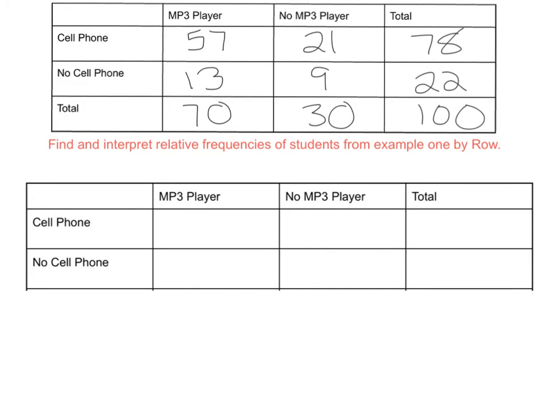All right, so now we're going to find and interpret relative frequencies of students from example 1 by row. So we're looking at how often something occurs out of the total. And we're only working by row. So in this case, this bottom total does not matter to us in this first example.